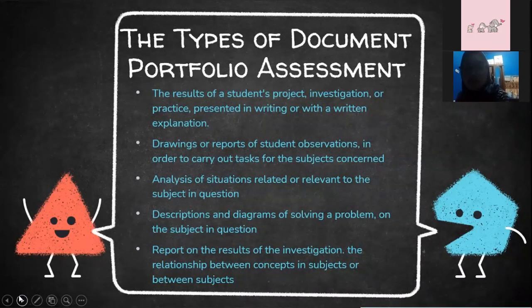And the third, analysis of situation related or relevant to the subject in question. The fourth is description and diagrams of solving a problem on the subject in question. And the last is report on the results of the investigation, the relationship between concepts in subject or between subjects.